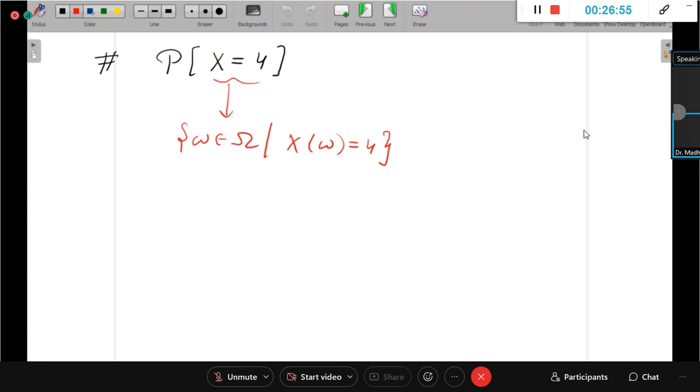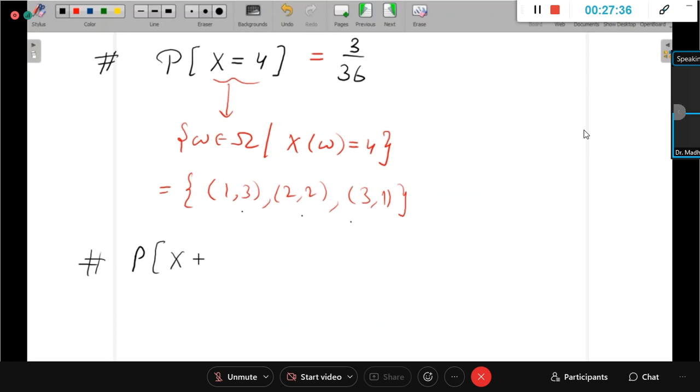This is the set of events, so you have all the possible pairs: 1 comma 3, 2 comma 2, and 3 comma 1. These are the three possible pairs, and they are all equally likely. So the probability of getting 1 comma 3 plus the probability of getting 2 comma 2 plus the probability of getting 3 comma 1 is 1 by 36, 1 by 36, 1 by 36, so 3 by 36. I have assigned this for X equals to 4.